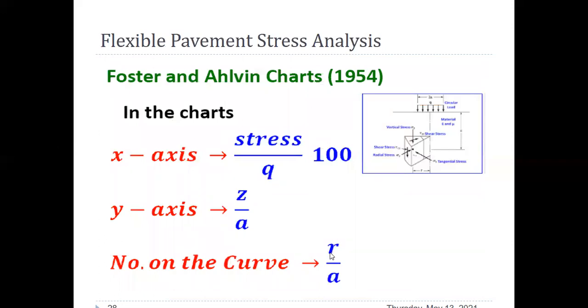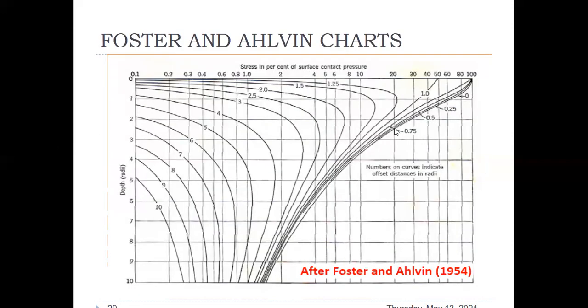The number on the curve is R over A. R over A means how far the point is away from the center of the load, and Z upon A is the ratio of the depth of the layer to the contact radius of the tire.